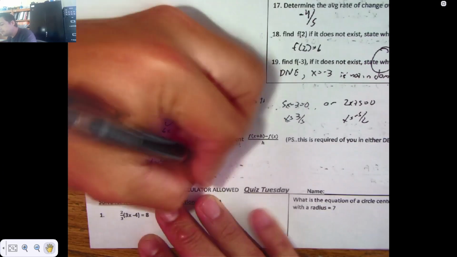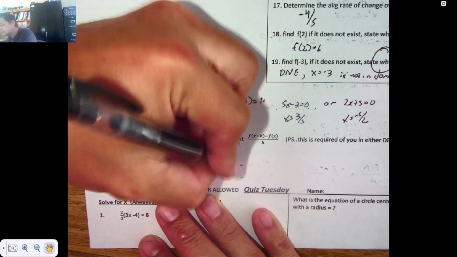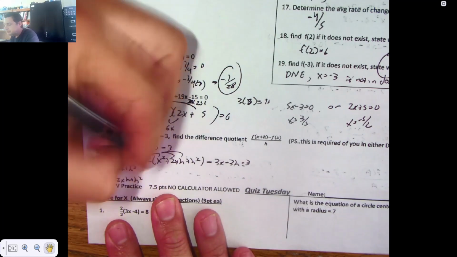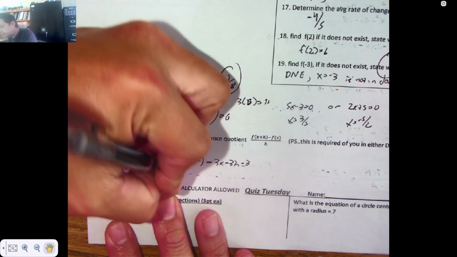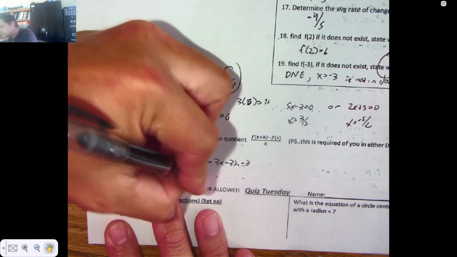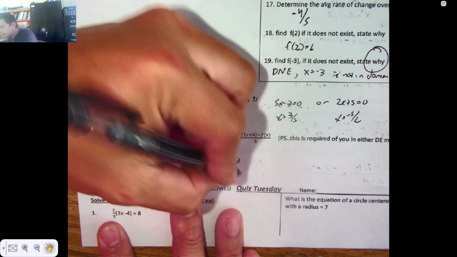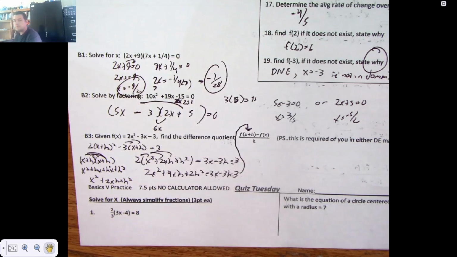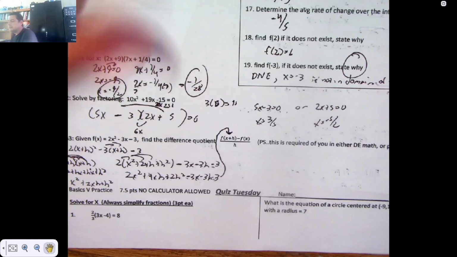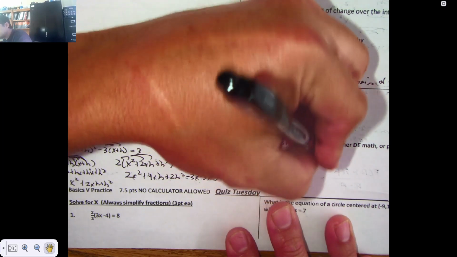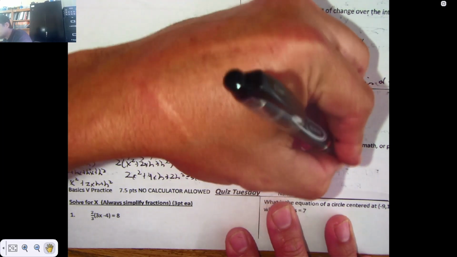Invoke your distributive property. Don't overthink it, that's how long it takes. And invoke your distributive property. Now, all this is going right there. 2x squared plus 4xh plus 2h squared minus 3x minus 3h minus 3.